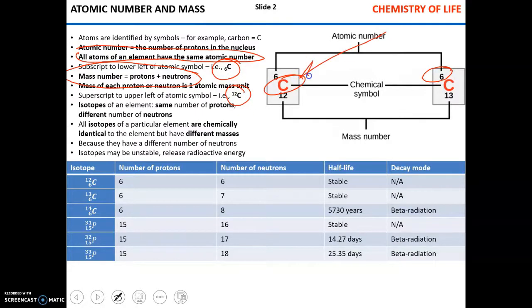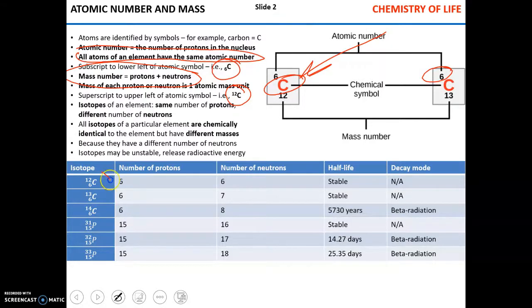This picture here isn't entirely correct. Now think of it this way: if the atomic number uniquely characterizes an element, and all atoms of the same element have the same number of protons, it means that you can add or take away neutrons and it will still remain the same element.